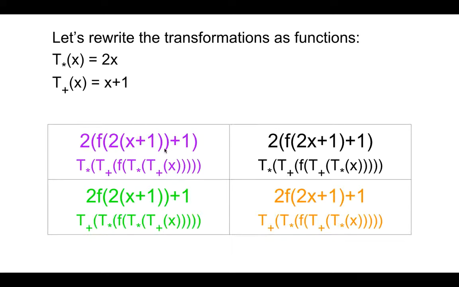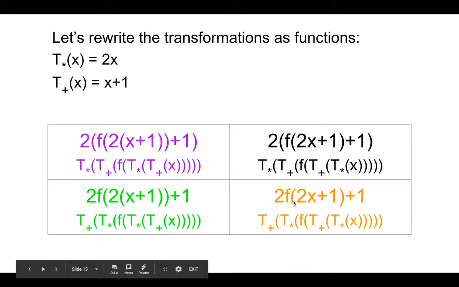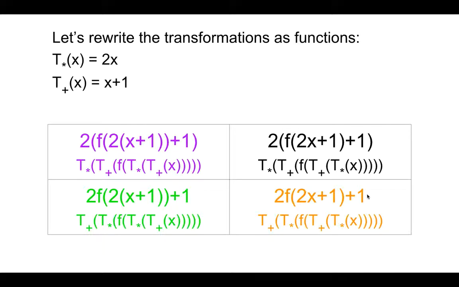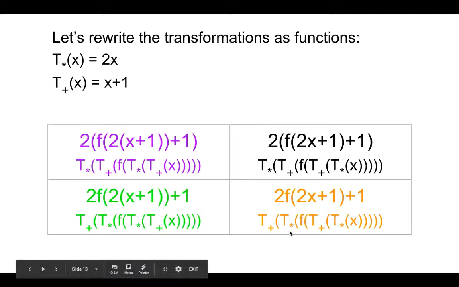And if we look horizontally across these, our outside functions are the same. So in these top cases here, we're adding first, and then multiplying, which means in this case we're shifting and then stretching. In the lower cases, the function is being multiplied by 2 first, and then you're adding 1. So we need to do the transformation of stretching first and then shifting.